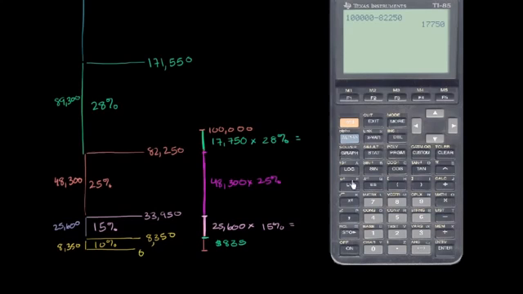And now I could use the calculator to calculate all of these. Let's do it all at once: 17,750 times 28%, so 0.28, plus 48,300 times 25%, 0.25, plus 25,600 times 15%, 0.15.